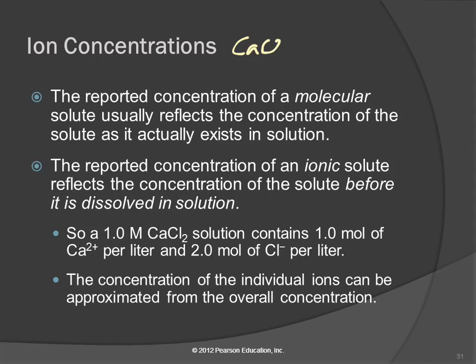So calcium chloride solid, when it dissolves, it'll break into calcium 2+ ions and 2 chloride ions. We get that from its formula. So then the concentration of chloride ions is going to be twice as high as the concentration of the calcium ions.